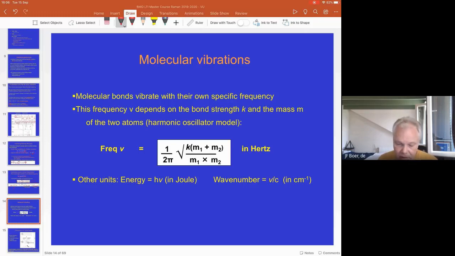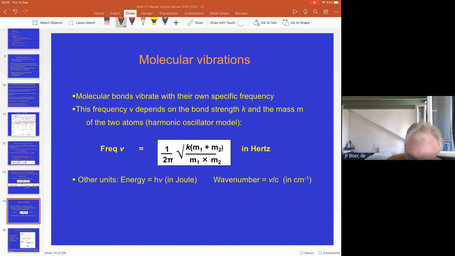So these molecular bonds all vibrate with their own specific frequency, and this frequency actually depends on the bond strength, or you can call it the spring constant between 2 atoms, and the masses of these 2 atoms.